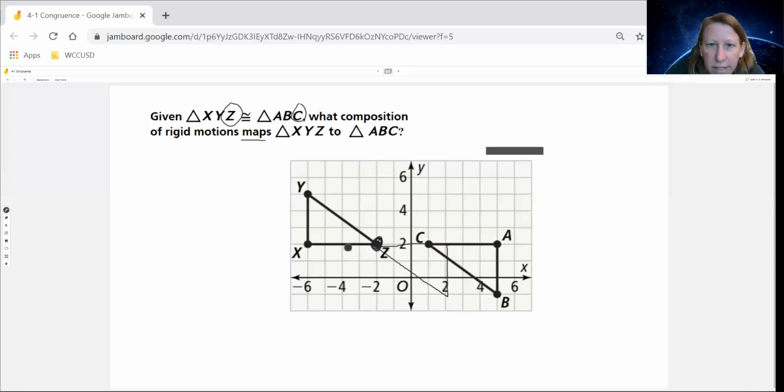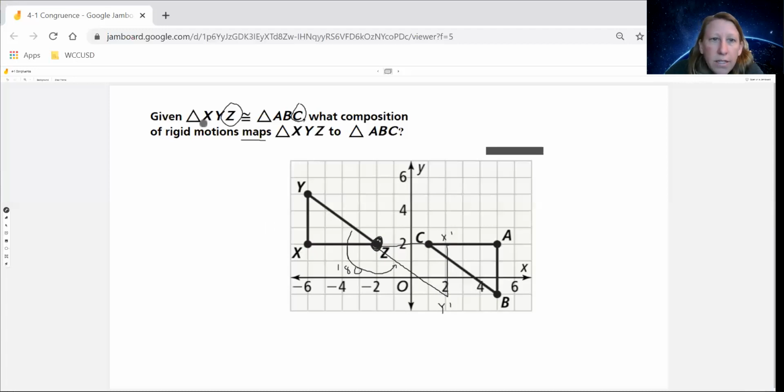It's a little hard to see, but if I spin from here to here, 180 degrees, and this time I'm just spinning it right about point Z, this Y is going to land over here, and this X is going to land over here.